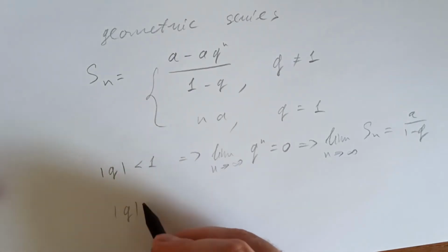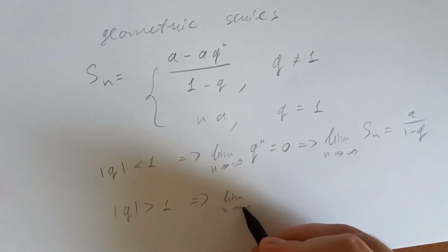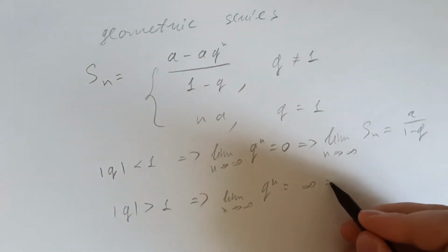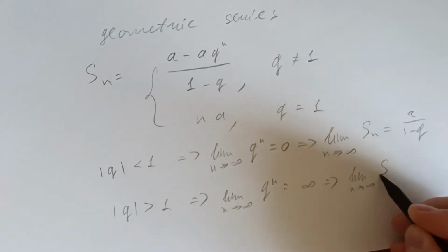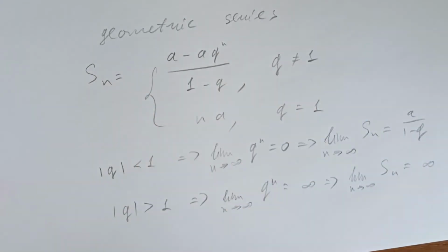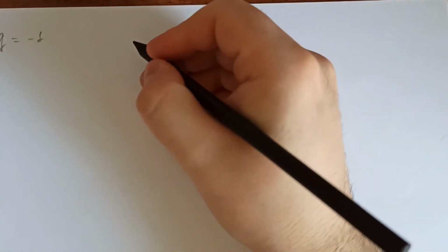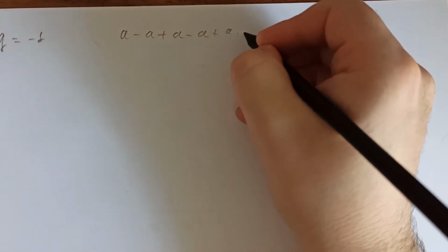If the absolute value of q is greater than 1, then the limit of q to the power n is infinite, so this series won't converge. If the multiplier equals minus 1, then we will have a minus a plus a minus a plus a and so on.